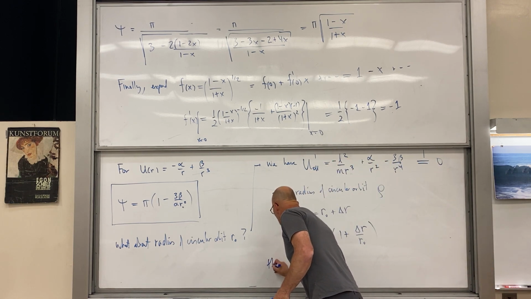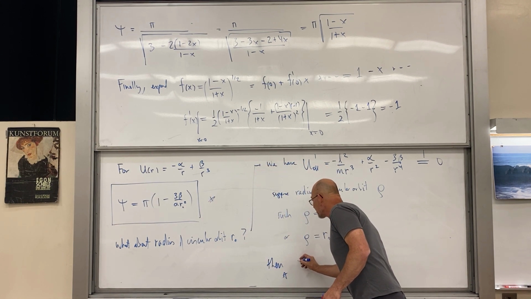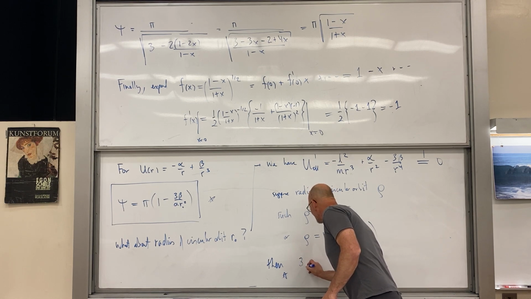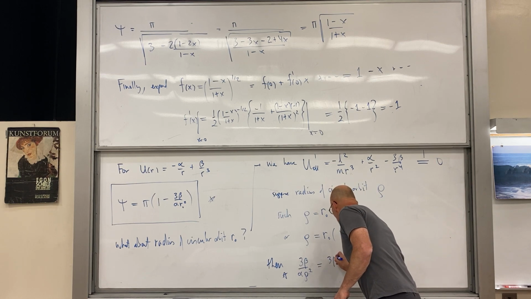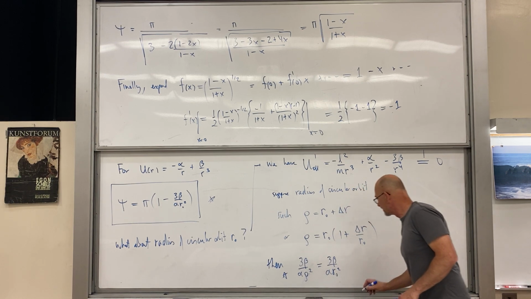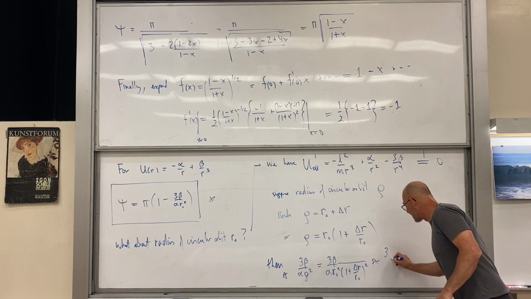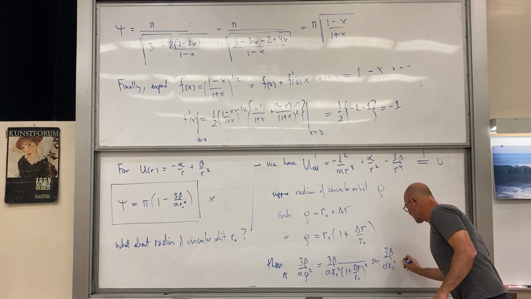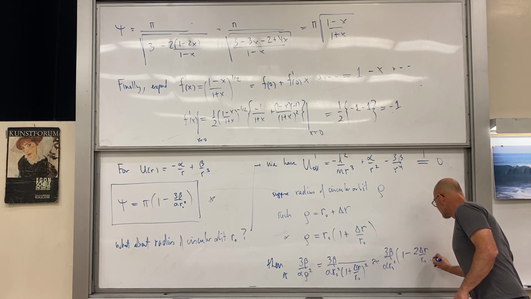Then, referring back to this thing here, we could have 3 beta over alpha rho squared, that's our circular orbit, is equal to 3 beta over alpha R0 squared times 1 plus delta R over R0 squared, and that's approximately equal to 3 beta over alpha R0 squared times 1 minus 2 delta R over R0.